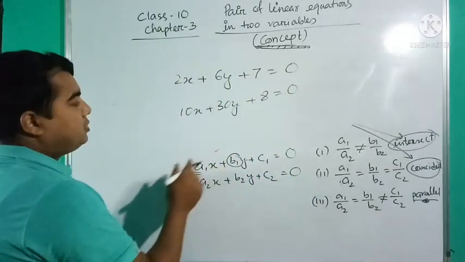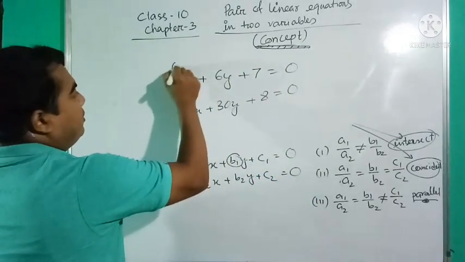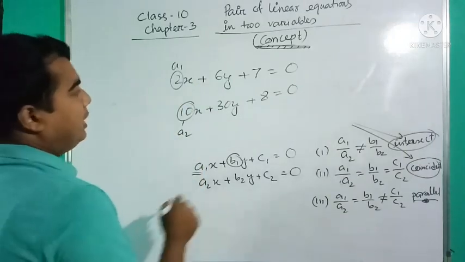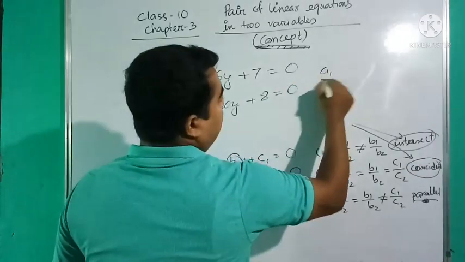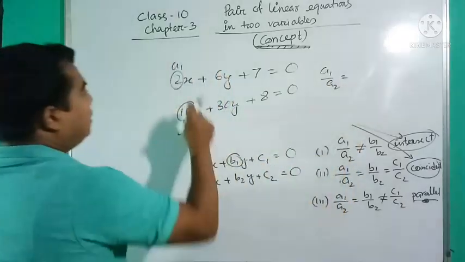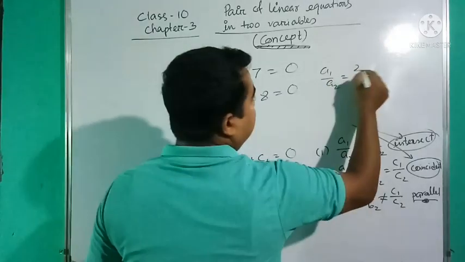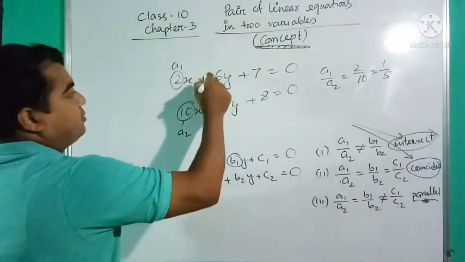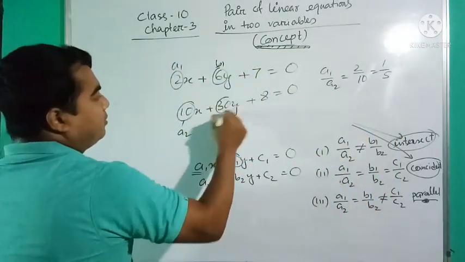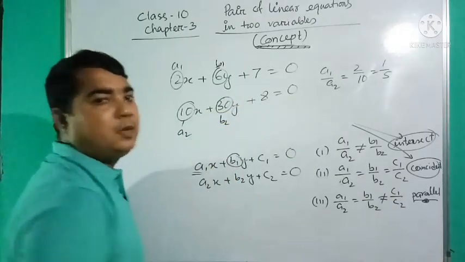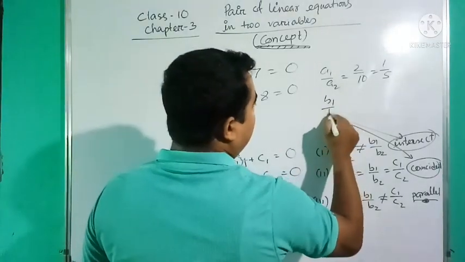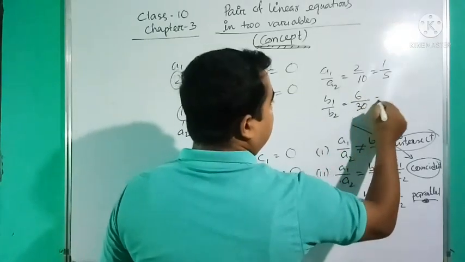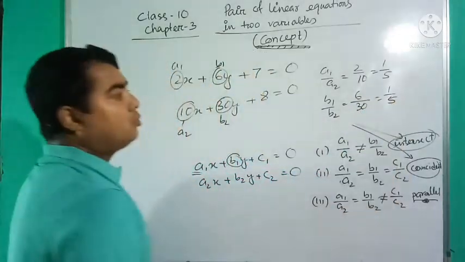Same condition. The first value is a1, here it is a2. a1 by a2 is 2 by 10, simplified to 1 by 5. Next, b1 by b2 is 6 by 30, again 1 by 5.